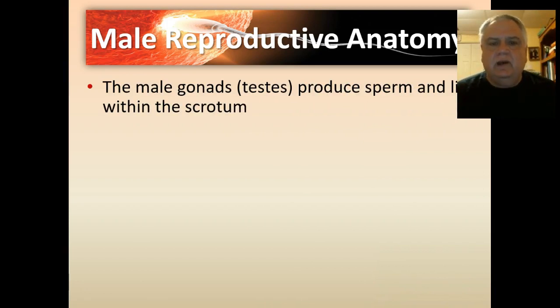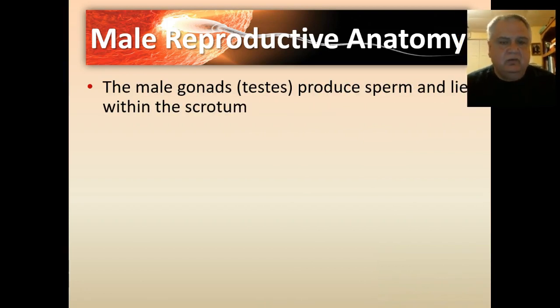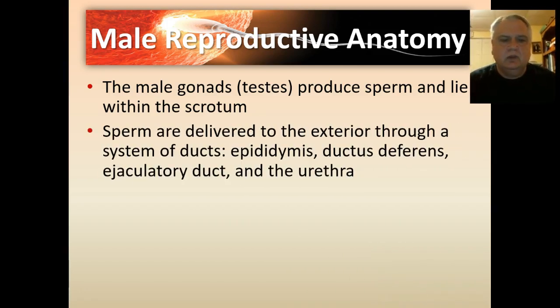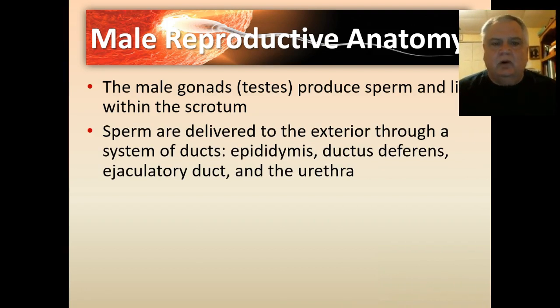So the male gonads, the testes or testicles, produce sperm, and they lie within a fleshy sac outside the body wall called the scrotum. Sperm are delivered from the testes to the exterior then through a system of ducts. This system of ducts includes the epididymis, the ductus deferens, the ejaculatory duct, and the urethra.